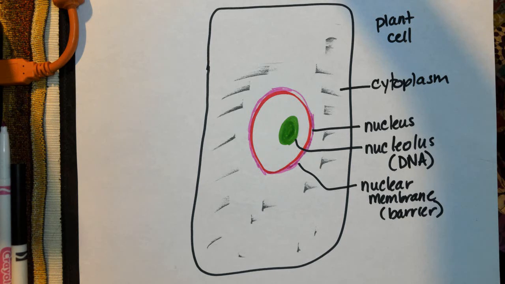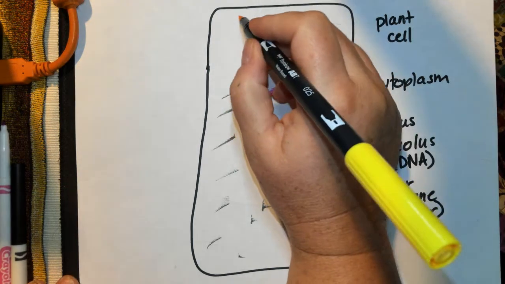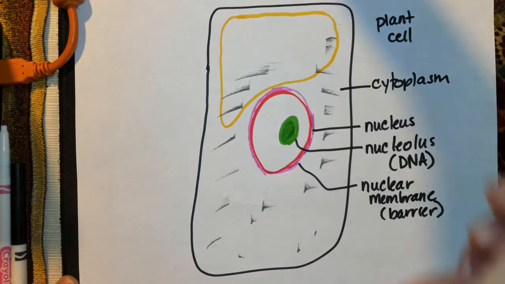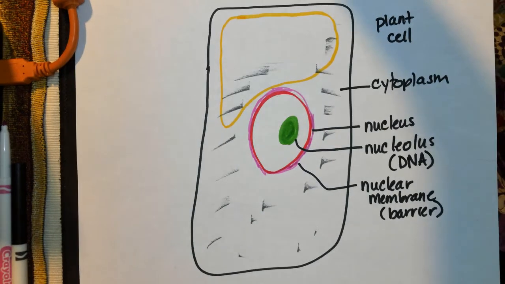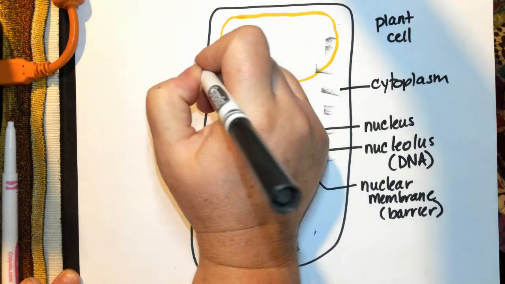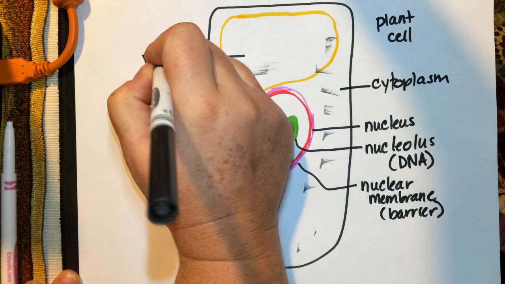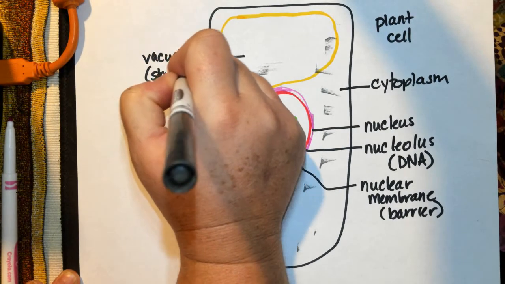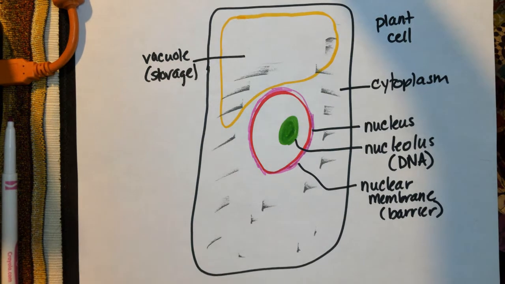In plant cells, there is one rather large vacuole. And this vacuole, again, serves the same purpose. It's for storage. But it's bigger. An animal cell is going to have lots of little vacuoles. In this case, the plant cell just has one large vacuole.